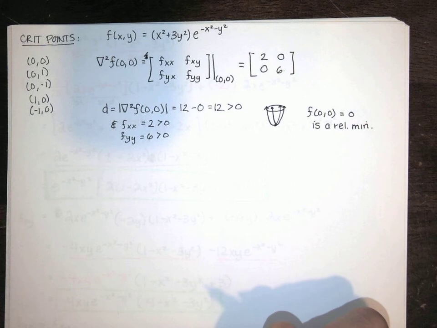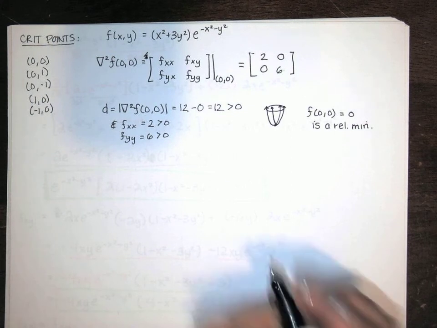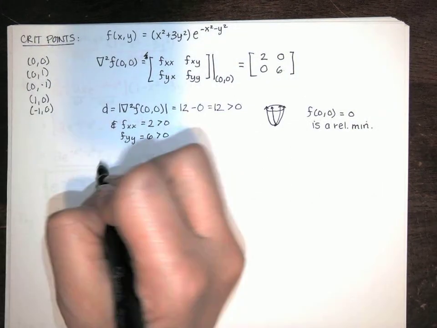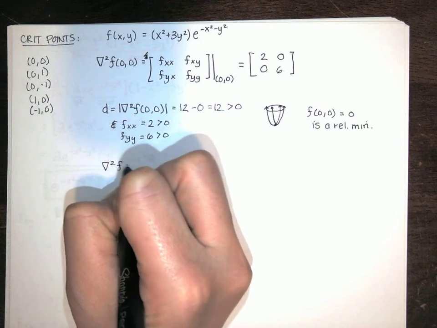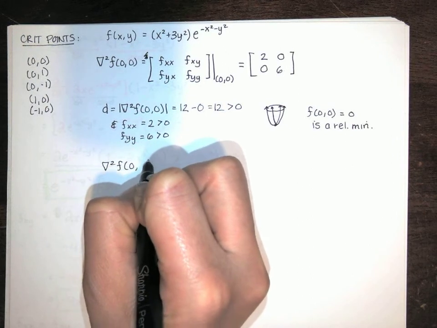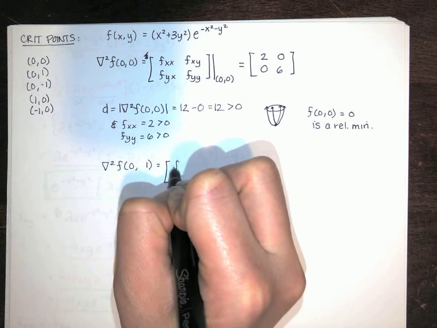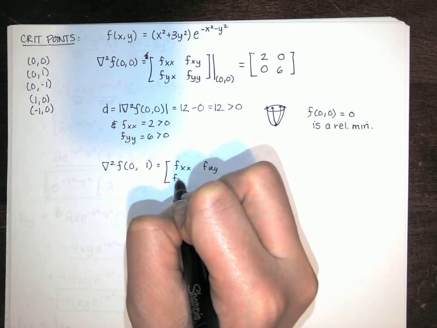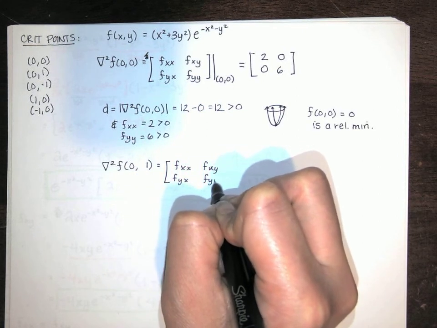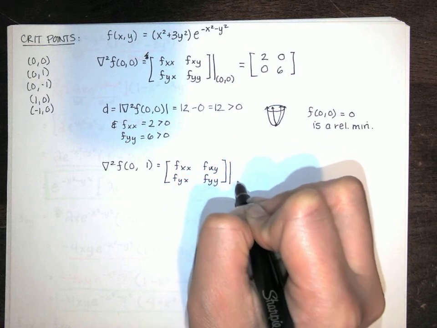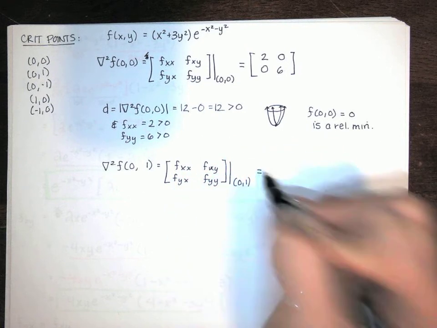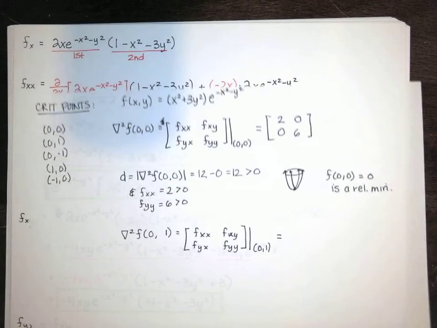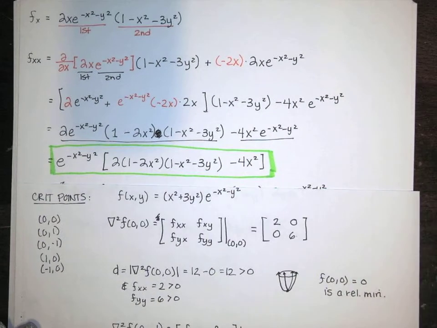Okay. Now let's evaluate this guy at x equals 0, y equals 1. Go back to all those second partials we calculated.